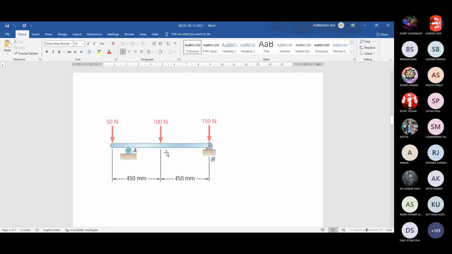Now regarding the moment center, if we consider point A, the support A, as the moment center, then what about the moment contribution of the reaction RA in that equation? Force multiplied by zero distance, so zero. So that single equation directly can give you the value of RB if there is only a vertical reaction.